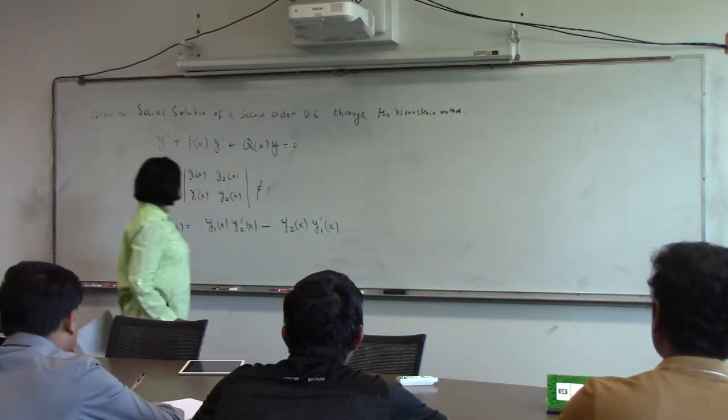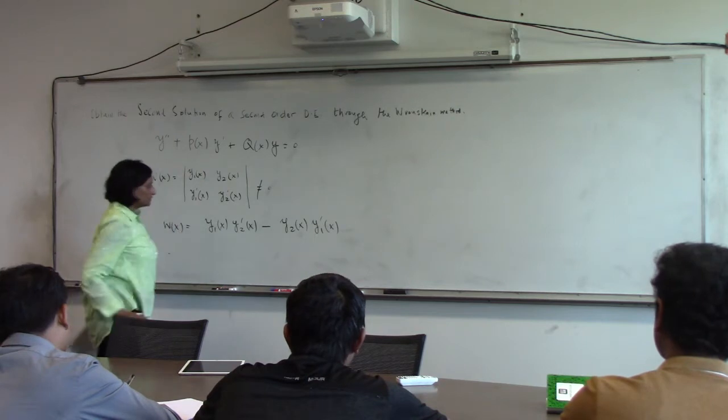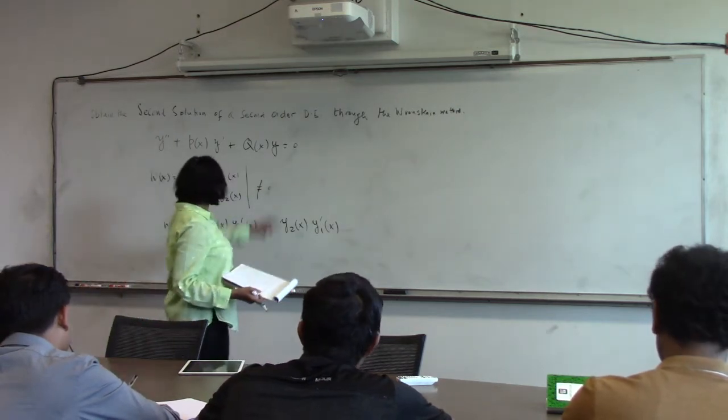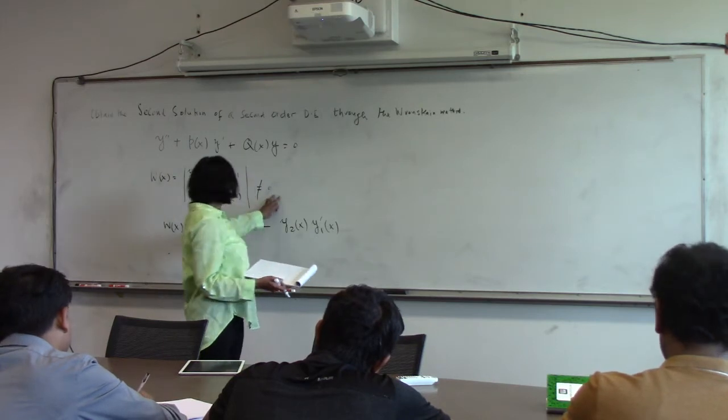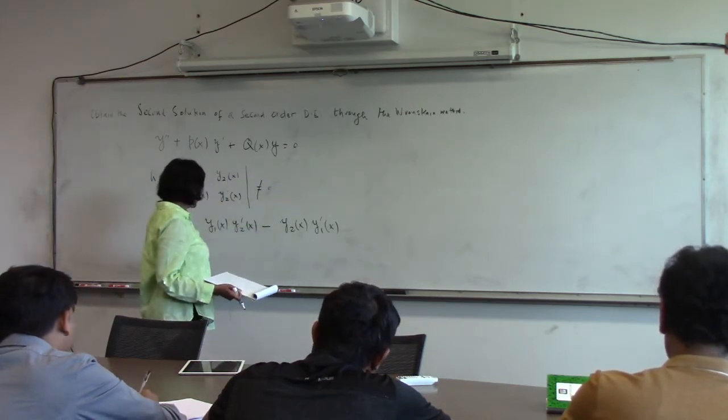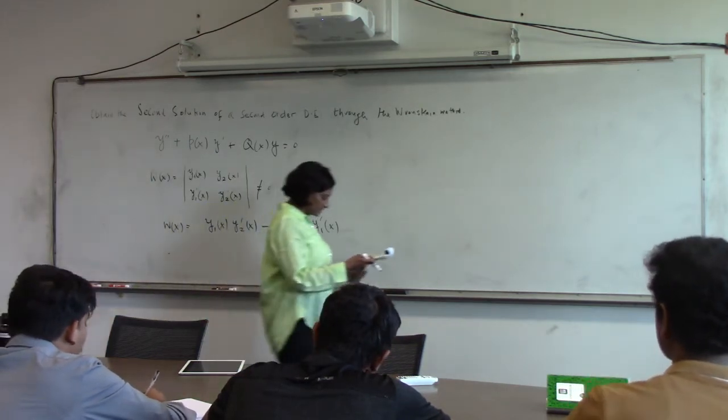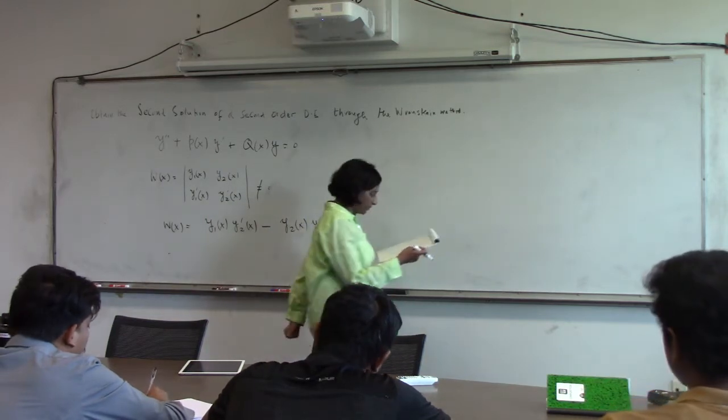That's what we're trying to do. For any general second order differential equation, that's the definition of the Wronski, and that's the condition for y1 and y2 to be linearly independent. And so we start with that. These are things that we already know.